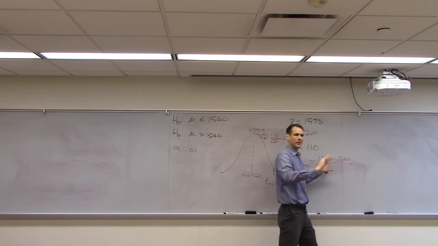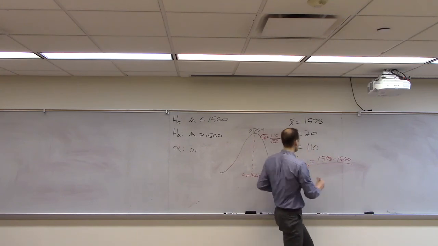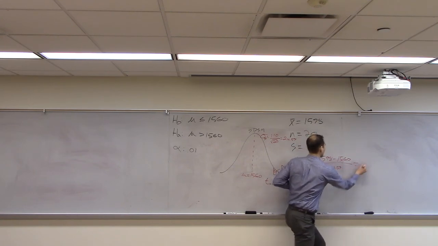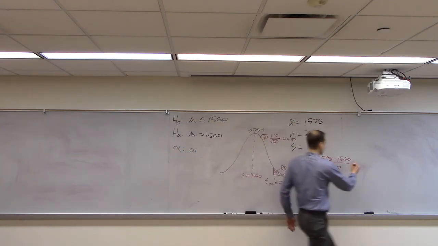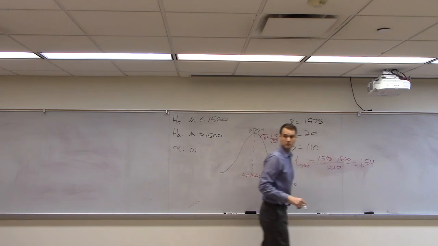Is that a big number, small number? Well, it depends how many standard deviations that is. Standard deviations, 24.59. What does that come out to? 1.54.